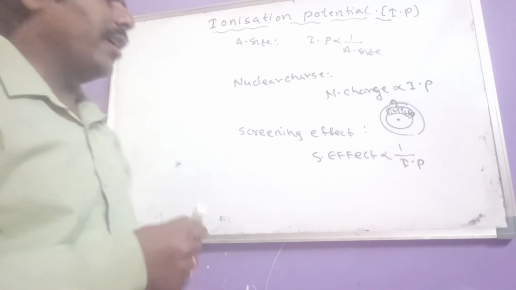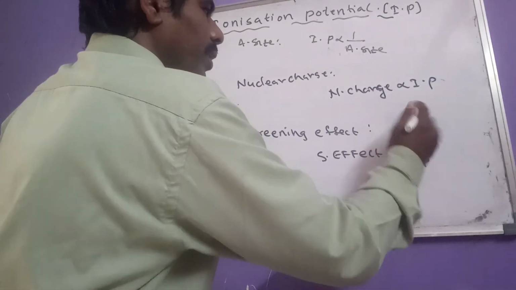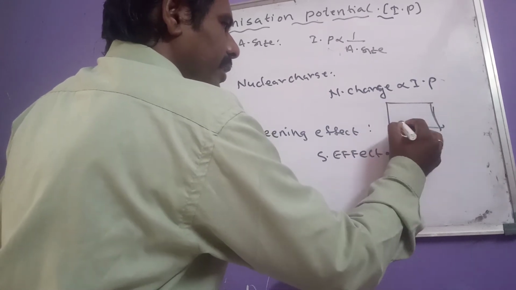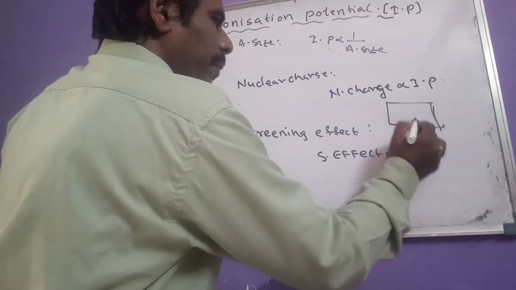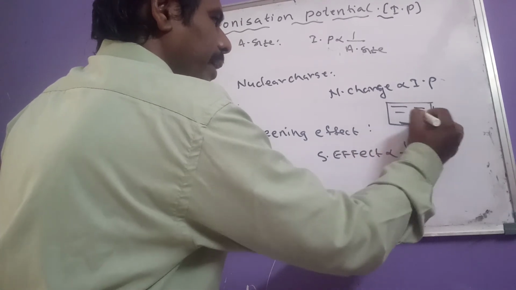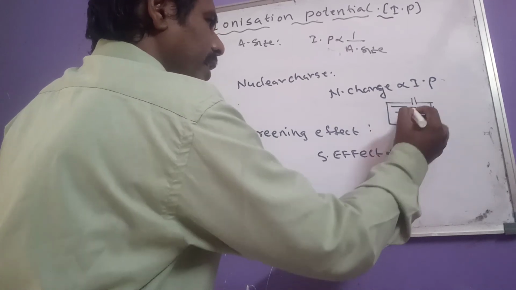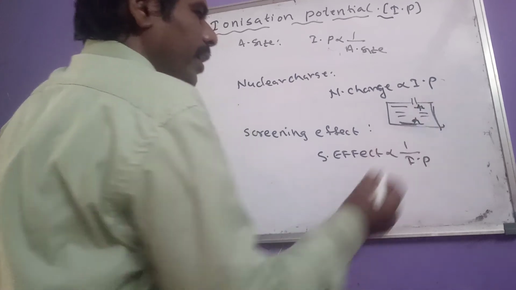So a simple example: let it be the classroom. Here this is the board, and here the lecturer is nearby the board. Of course, so many benches are here, and one door is present. Now, for example, one last bench student is there.